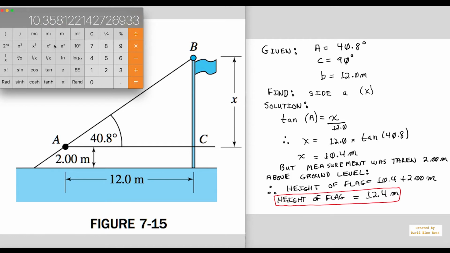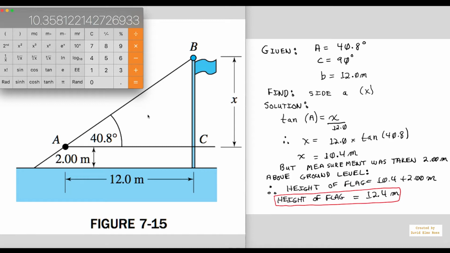And we get that this number here is the distance from here to here. So that's roughly 10.4. But then we have to add the 2 meters here and come up with 12.4. So the distance from here to here is 10.4 plus the 2 meters, which gives us 12.4 total distance from the ground to the top of the flagpole.